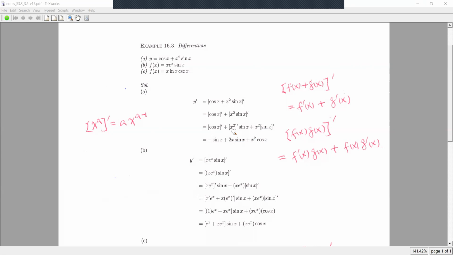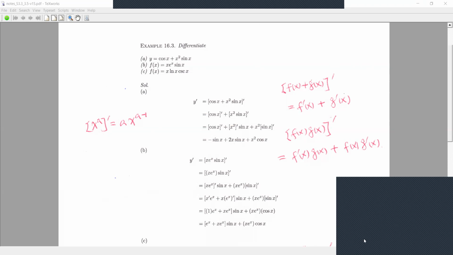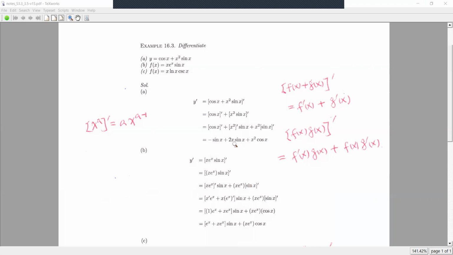Derivative of x squared is 2x by this formula, the formula for power function. Derivative of sine is cosine. Therefore, this is the derivative of the function in part A.